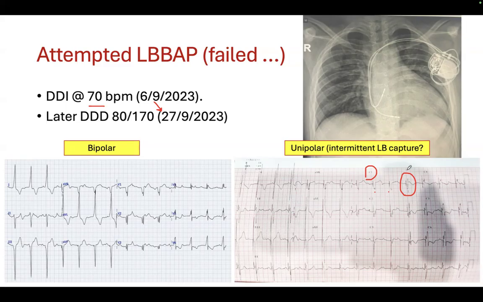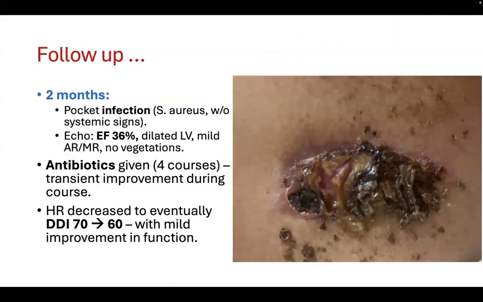When you see this, it is a sign that you're engaging the left side of the ventricle. So with unipolar pacing, we were able to intermittently engage the left side, but definitely not continuously. Okay, so that's why it was a failed attempt.